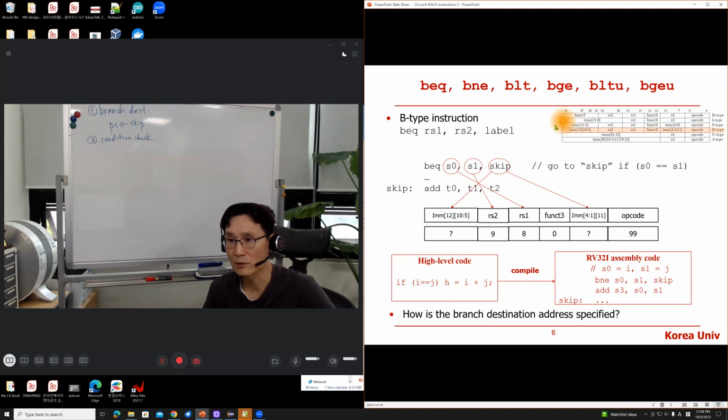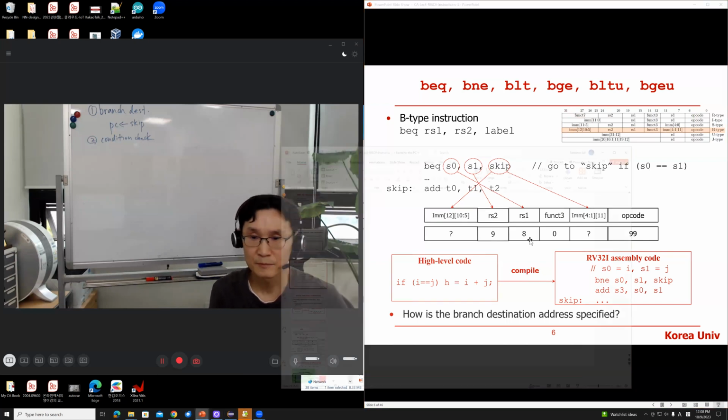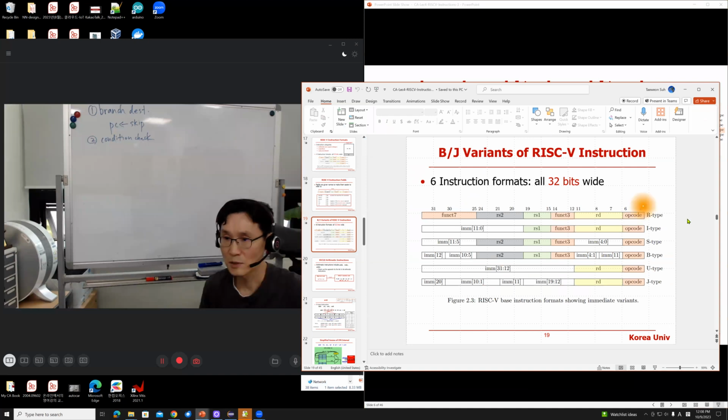So compare these two. Let me open this up. So compare S-type and B-type instructions. Very similar, but a small difference in the immediate.